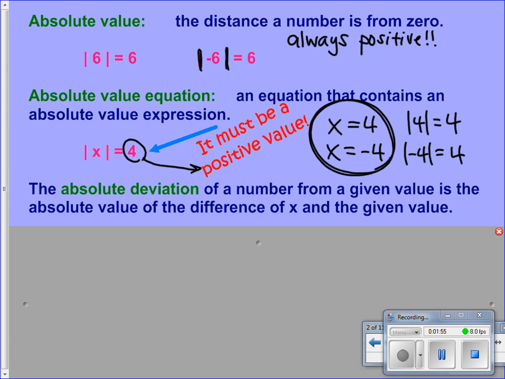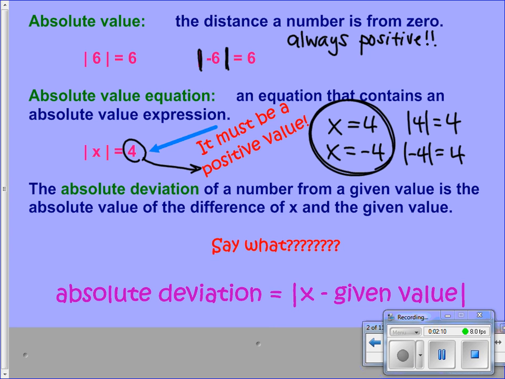Now, the absolute deviation of a number x from a given value is the absolute value of the difference of x and the given value. It makes no sense. Here's basically what it is. If you are asked for the absolute deviation, deviation means how much does it change, deviate.